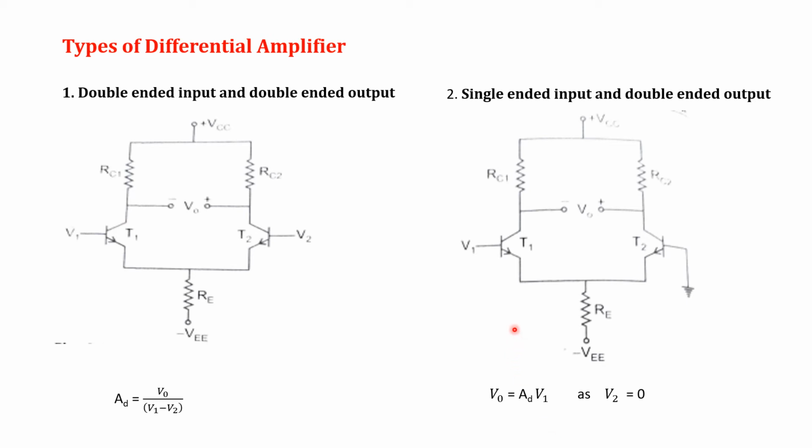Such a double-ended output has few applications because it requires floating loads, and both ends of the load are connected to collectors.